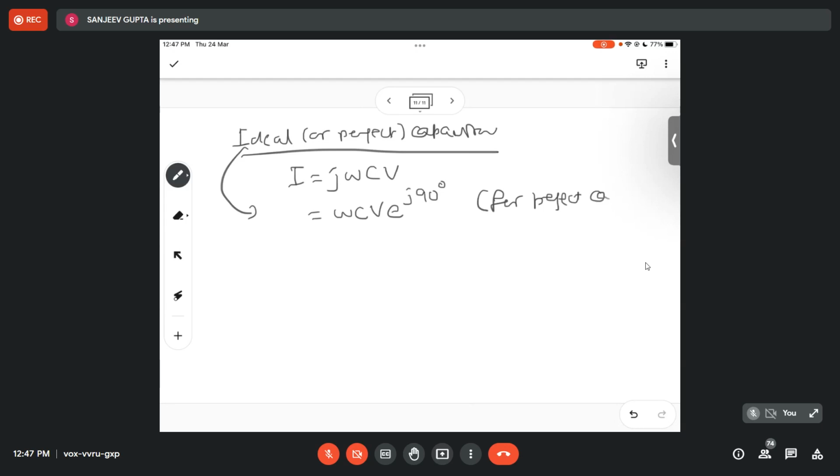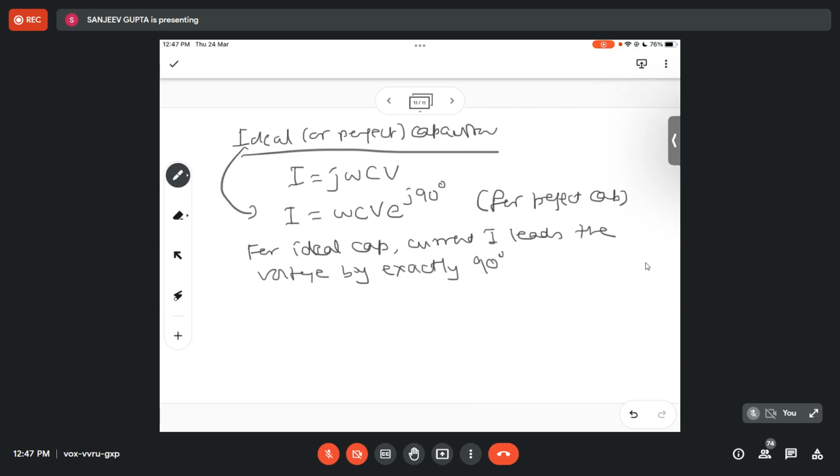What it means is that for a perfect capacitor, the current I leads the voltage by exactly 90 degree. That's how we define it.